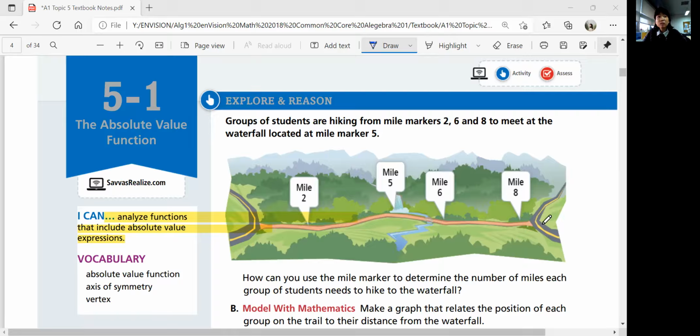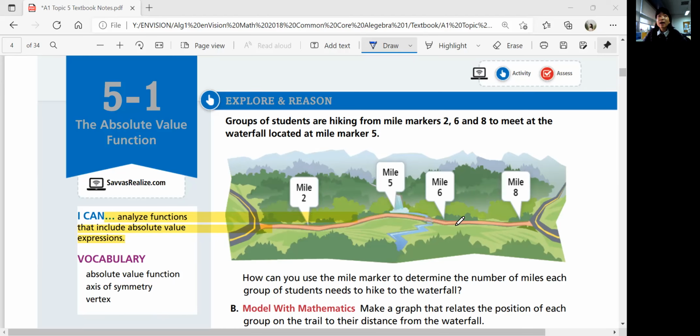How can you use a mile marker to determine the number of miles each group of students needs to hike to the waterfall? The group of students located at mile 2 just needs to go 1, 2, 3 miles more to get to the waterfall. What about the group at mile 6?